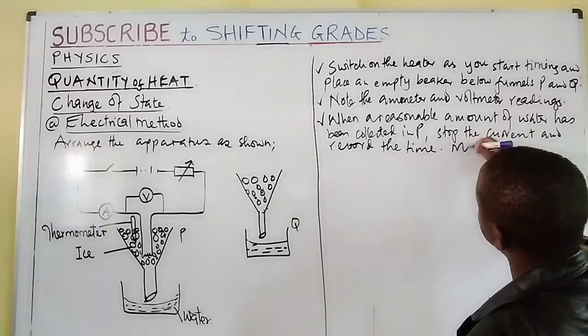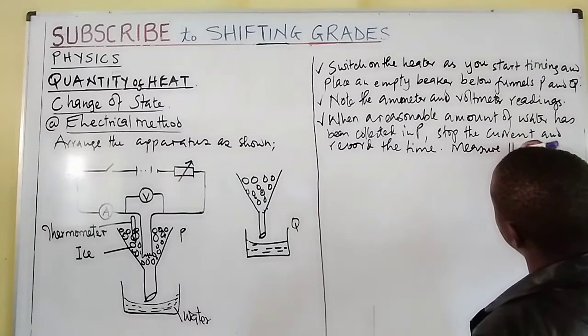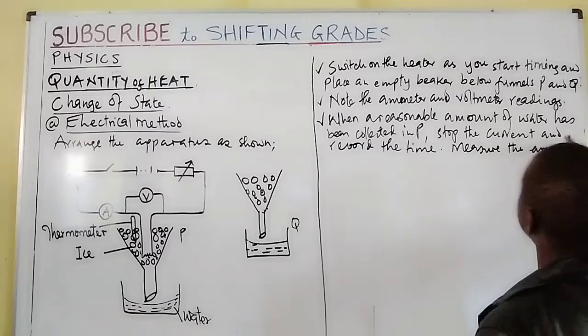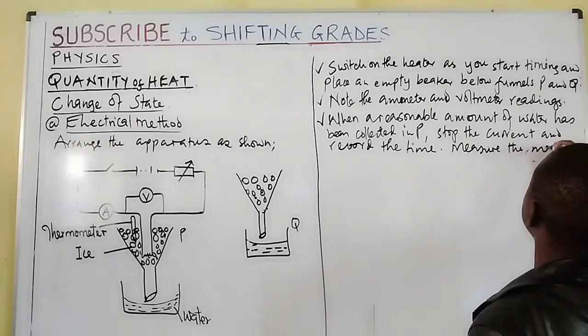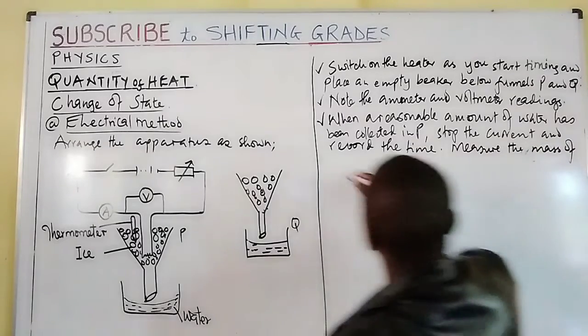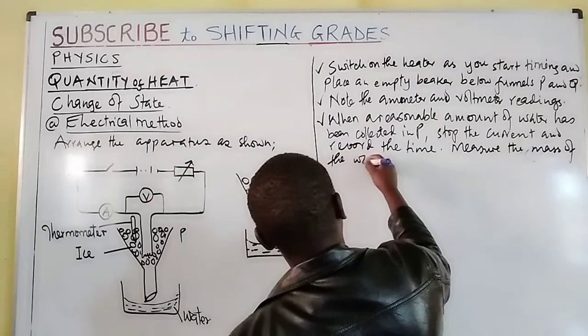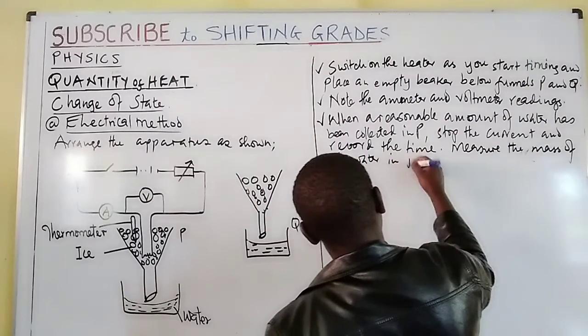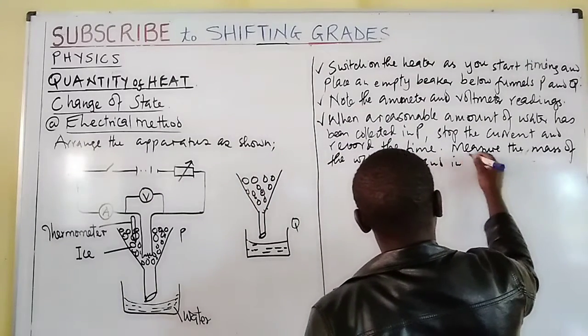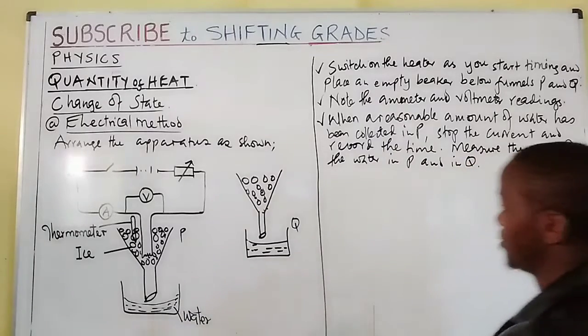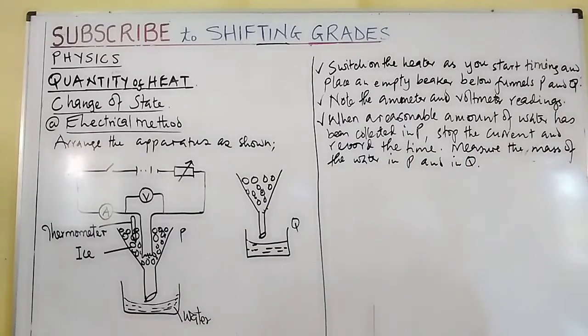You can measure the mass of the water in P and in Q. Measure the water which has been collected in each case. Measure the mass independently.